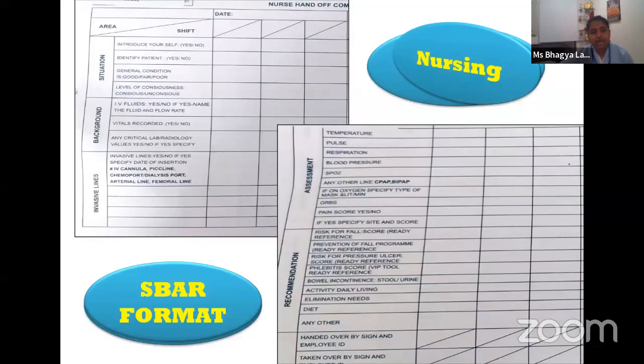Then assessment. Assessment, my first slides already spoke about the assessment. Assessment is our vitals: temperature, pulse, respiration, blood pressure, SpO2 and anything else, like whether the patient is on CPAP, BiPAP, ventilator, or oxygen, or having GRBS monitoring, our glucose random blood sugar, our glucose level if the patient is diabetic.